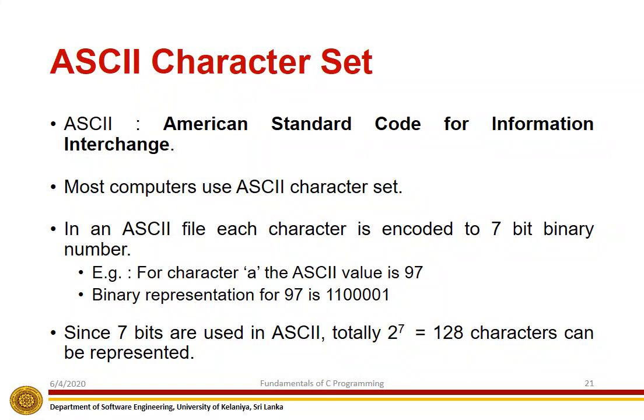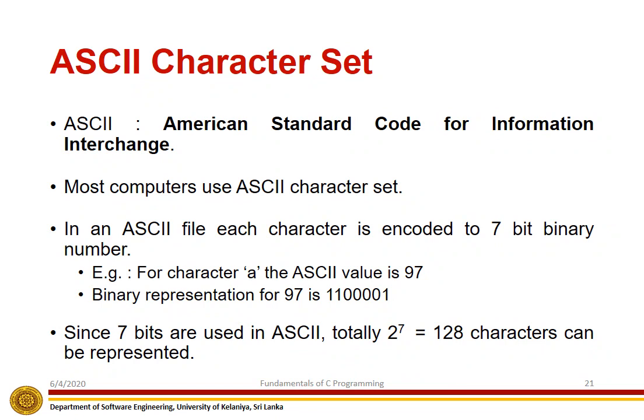For example, the simple a. The ASCII value for simple a is 97. In binary, we can write it as 1100001. For the capital A, the ASCII value is 65. Since 7 bits are used in ASCII, a total of 2 to the power 7, 128 characters can be represented.